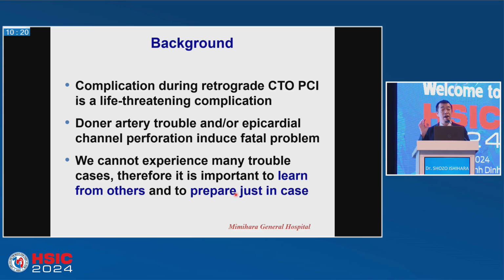Also, donor artery trouble, for example in an RCA CTO, with left main or LAD problems, or epicardial channel perforation, induces fatal problems. So we cannot experience many trouble cases. I don't have so many perforation cases, but it is important to learn from others.